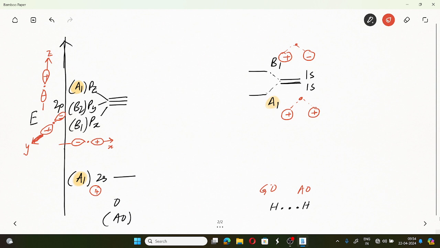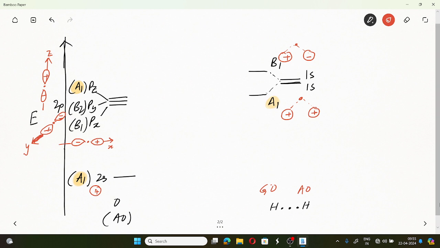So these three, that means the A1 from 2s, the A1 from 2pz, and the A1 group orbital, will combine. Three atomic orbitals are combining to form three molecular orbitals. Whenever there are three molecular orbitals, one will be bonding, the other will be anti-bonding, and the third one will be of non-bonding character.